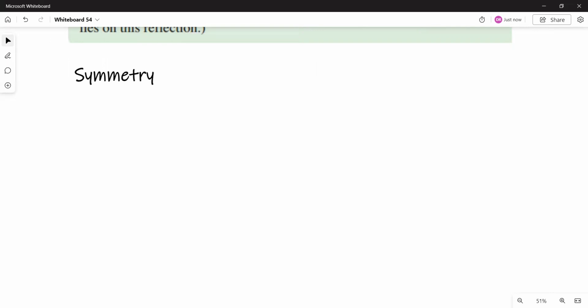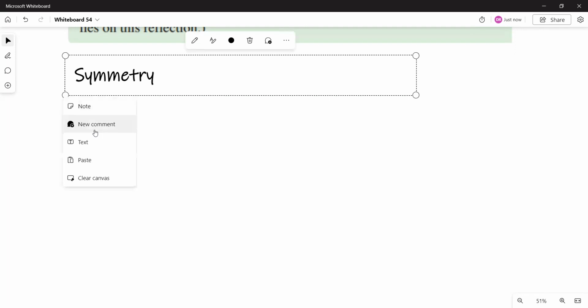Okay, so that's on page 263. So I'm copying this box.